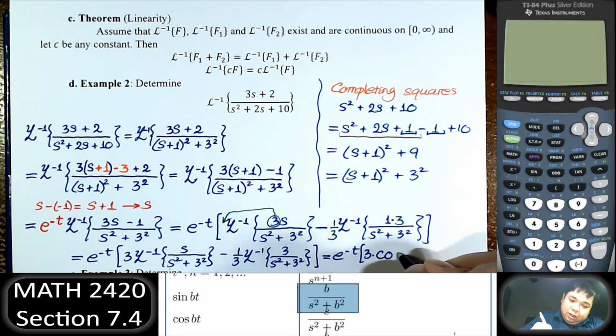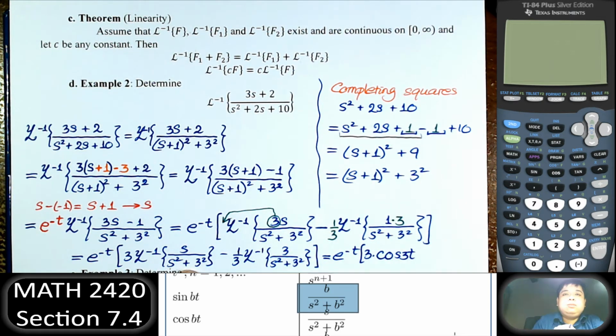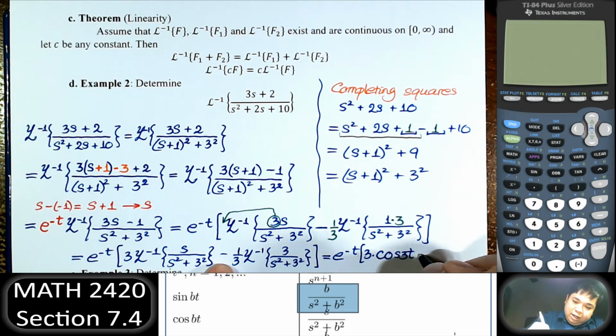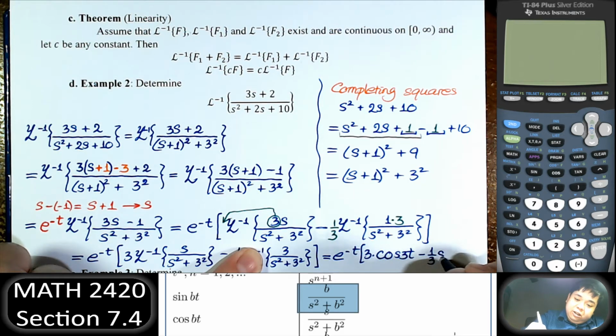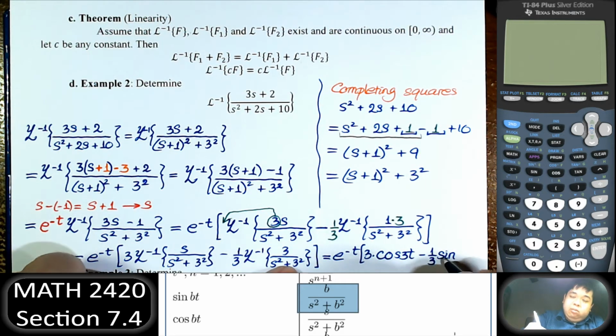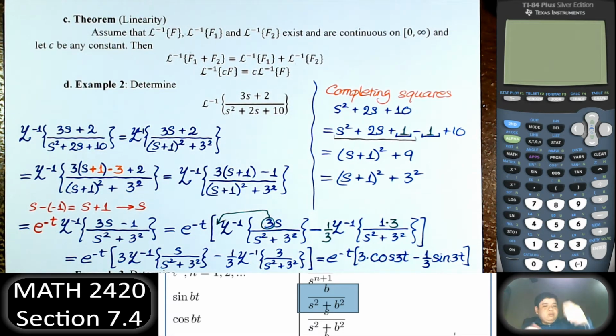Cosine of 3t, right, then minus 1/3, and this is an even function. The inverse Laplace transform is an odd, meaning the sine of bt, b is 3, so sine 3t. Right, so that's what we have.